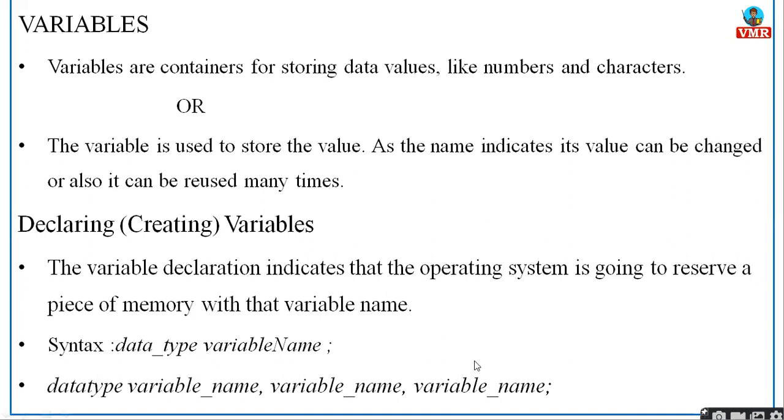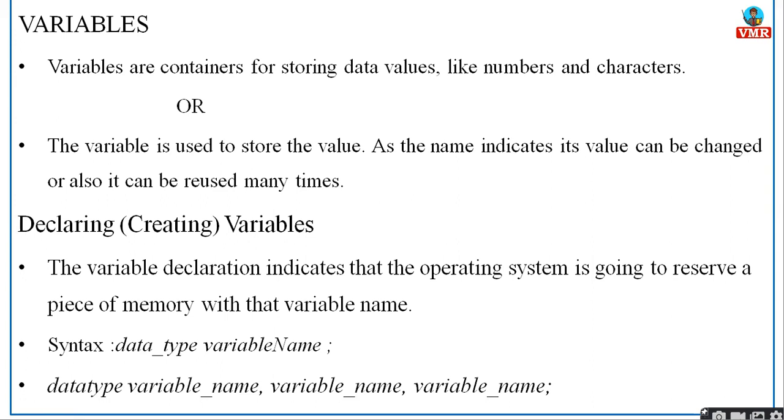See here, in the second point, I had also mentioned, as the name indicates, its value can be changed, or it can also be reused, right? So this is what a variable is. As I said, you can note another definition for variables. Variable is a name for a memory location.